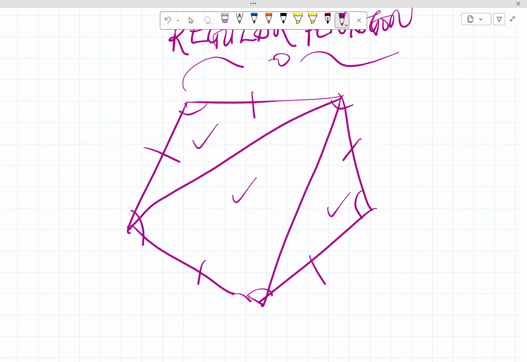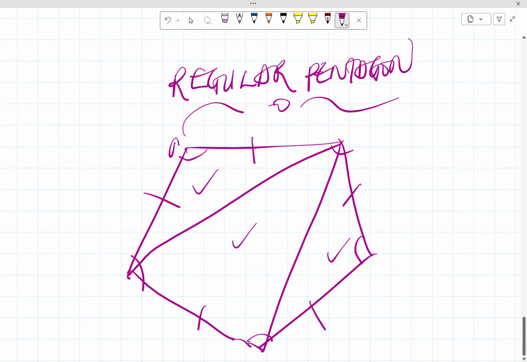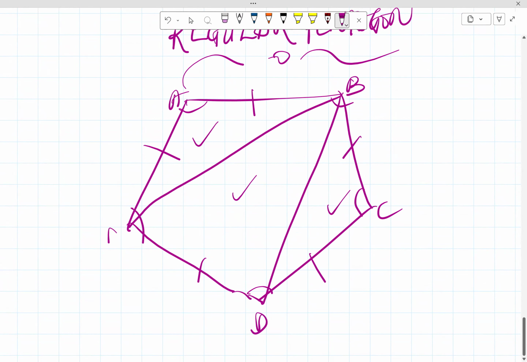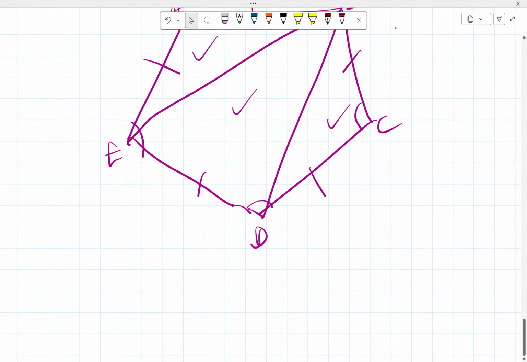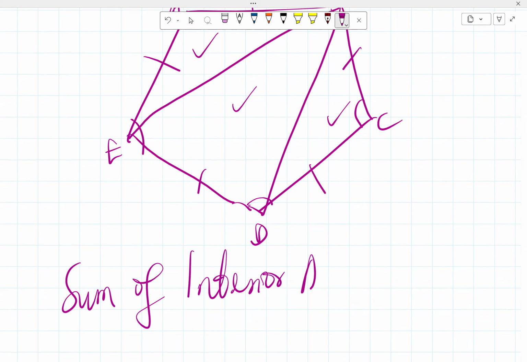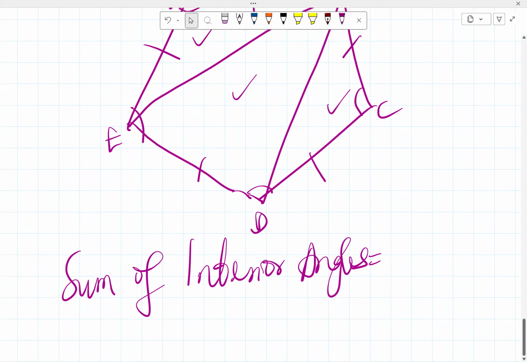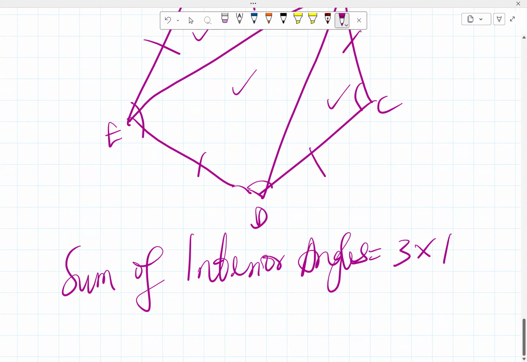And in each triangle, the sum of its angles is 180 degrees, right? So if this is A, B, C, D, E, we're saying there are three triangles here, so we can now say that the sum of interior angles is equal to 3 times 180 degrees.